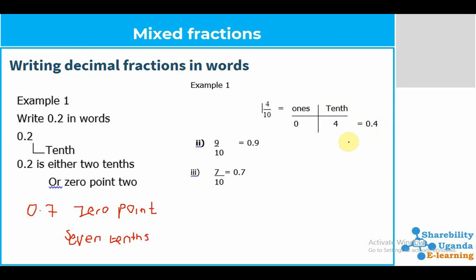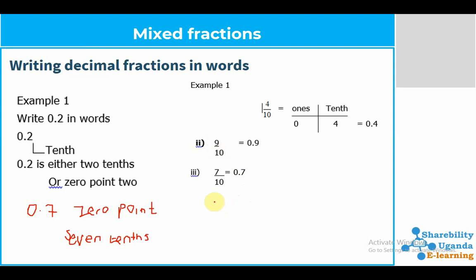We also have 9 out of 10. 9 out of 10, its decimal is 0.9. Can someone ask me how this one comes about? This one comes about as a result of dividing 9 by 10. Last time we looked at how we can change our fraction into a decimal.